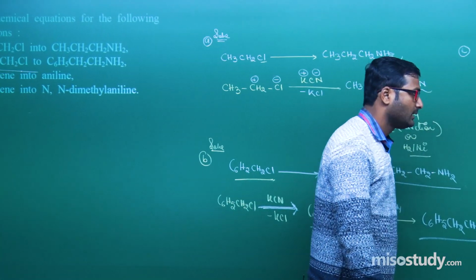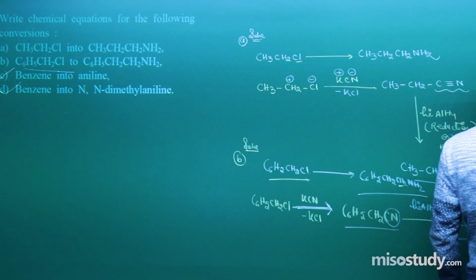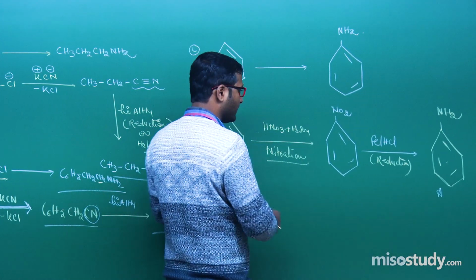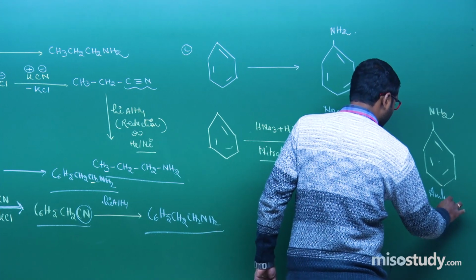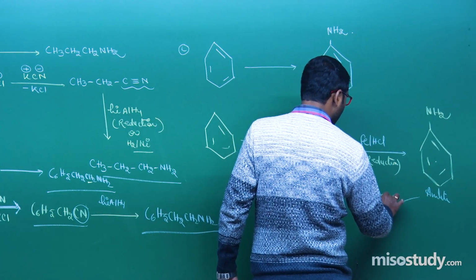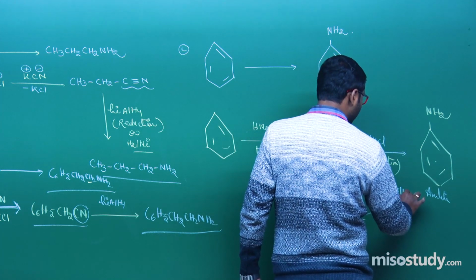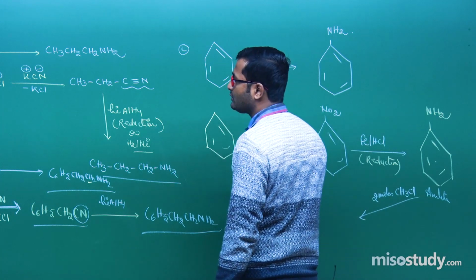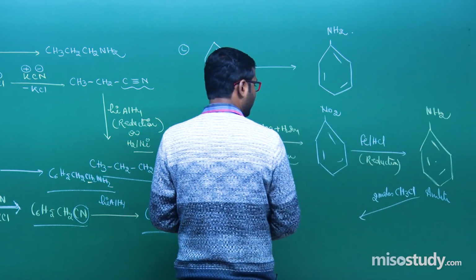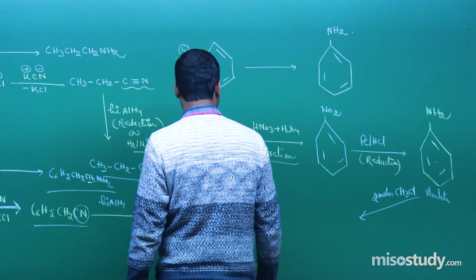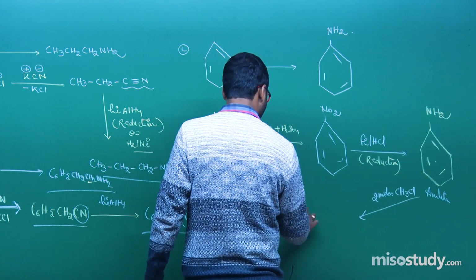How to find? Simply we will start this from aniline. First of all, benzene will be converted into aniline. Now this aniline, when treated with 2 moles of CH3I, we will get N,N-dimethyl aniline.